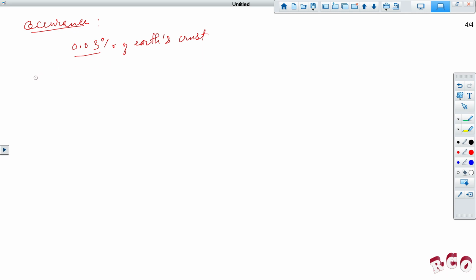In what forms is it present? In the free state, it is present in the form of diamond. You may be aware of diamond. And graphite. The most common form of graphite that we use is in your pencil.